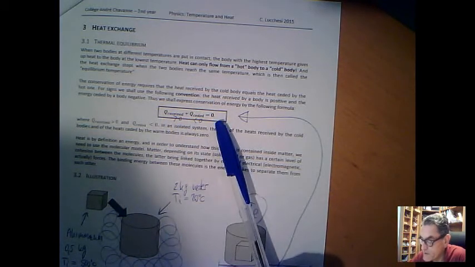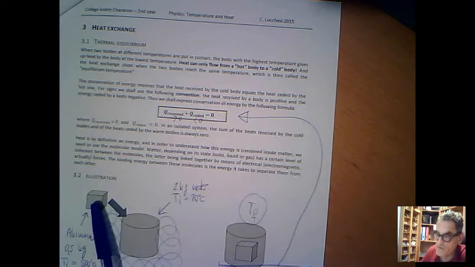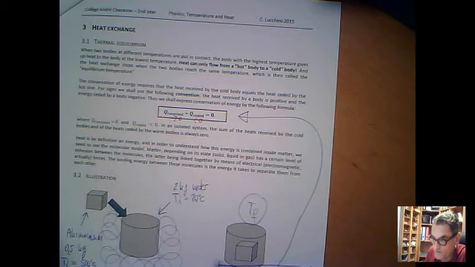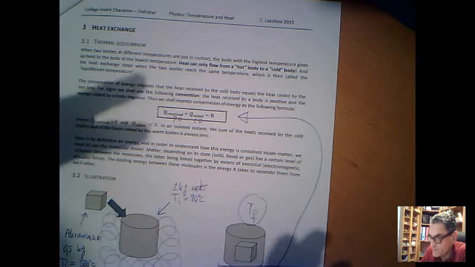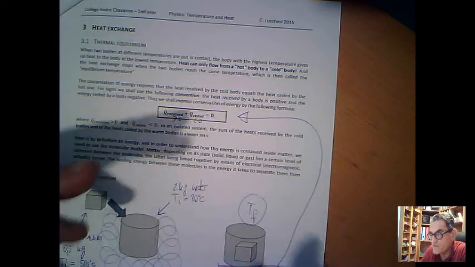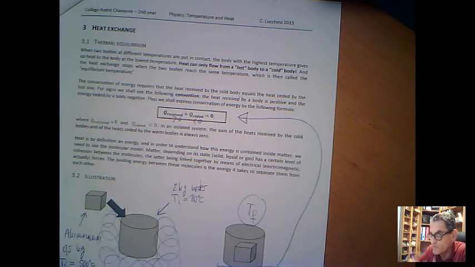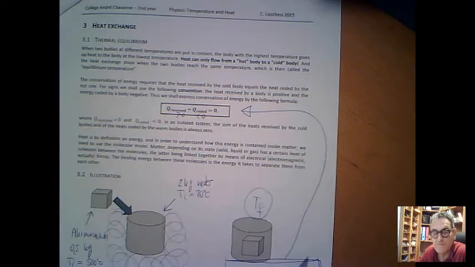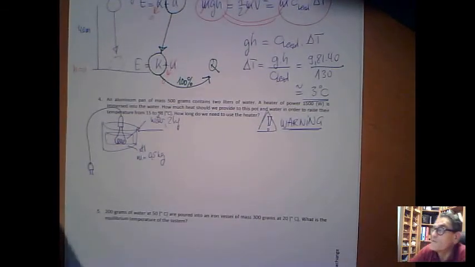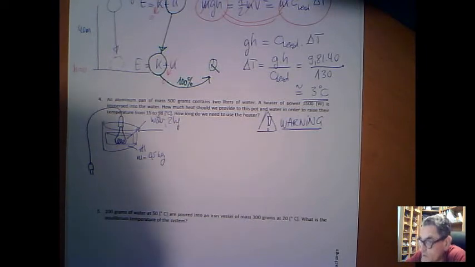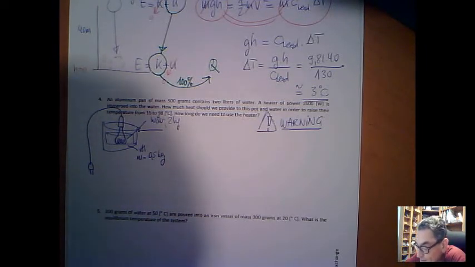This is a problem in which one part of the system gives heat and the other part of the system absorbs this heat. This is an isolated system. Okay, and this type of problem, when we mix two substances and we look for the equilibrium temperature, is an equilibrium problem. This problem here, problem 4, is that an equilibrium problem? Of course, if I ask the question with this tone, you know what answer I want. Okay, this is not an equilibrium problem.